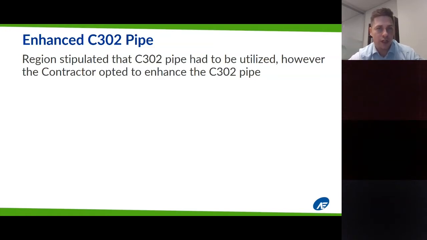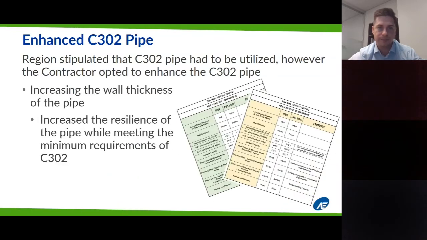So the contractor had looked at it and said, well, is there a potential that we can enhance the C302 pipe? The region has stipulated that a C302 pipe had to be utilized. However, can we enhance it? And for this example, what they intended to do was thicken the walls of the pipe.